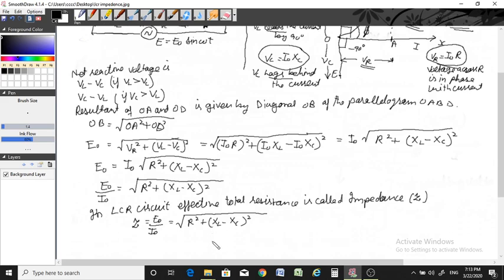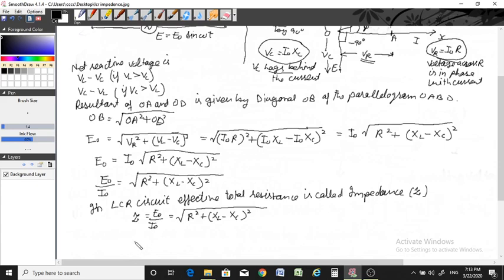Therefore, Z is equal to the square root of R square plus (XL minus XC) square. This is the derivation of impedance in LCR circuit.